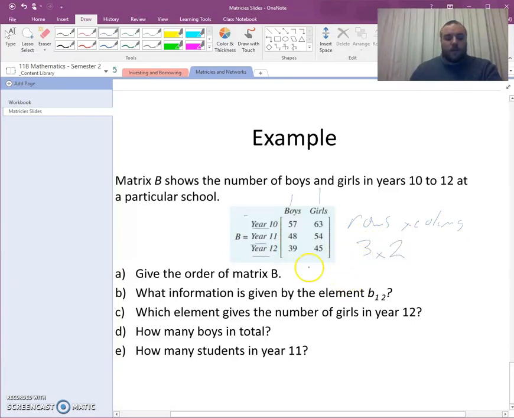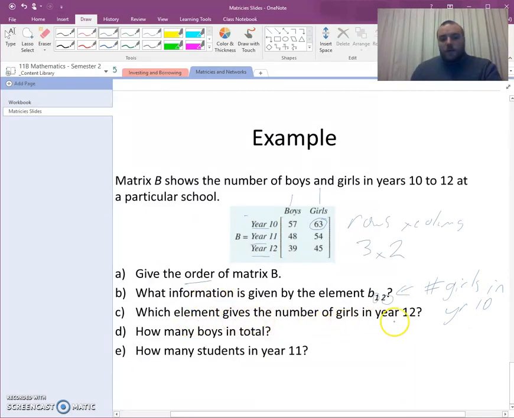So it's a 3 by 2. That's the order. What information is given by the element b1,2? So remember, 1 is the row, 2 is the column. So row 1, column 2 is this number just here. And that tells us the number of girls in year 10.